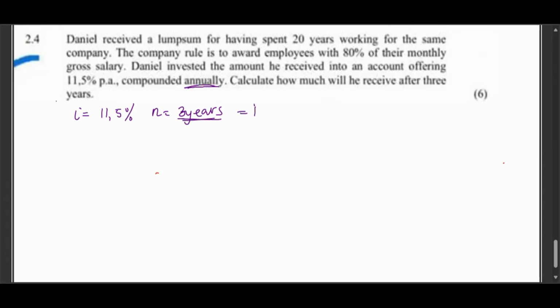Then, do we have the principal amount of money that he invested? The principal amount will be 80% of the monthly gross salary. In the scenario above, we saw that he earns 32,500.